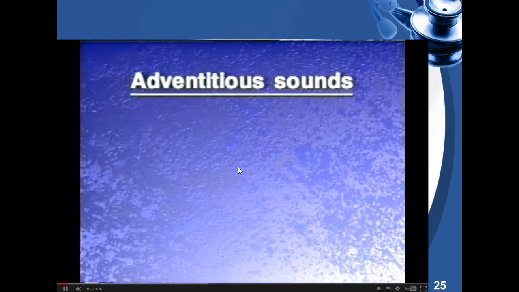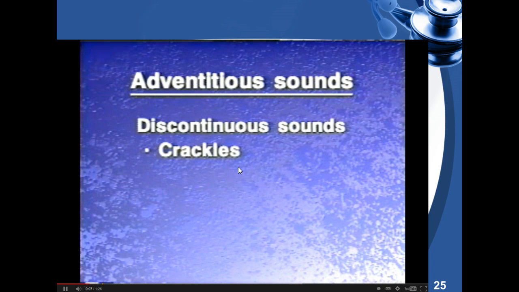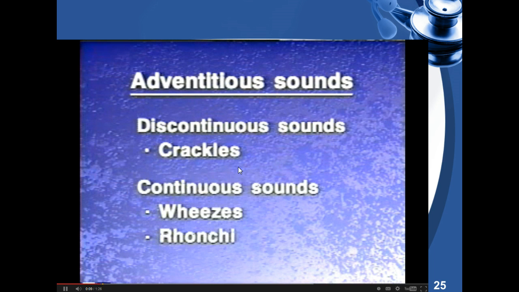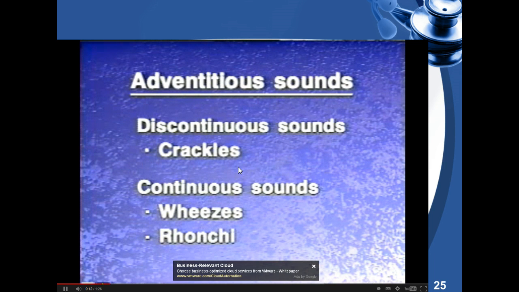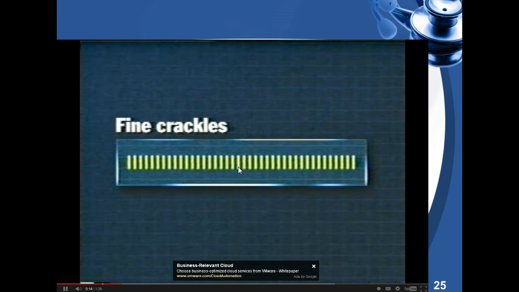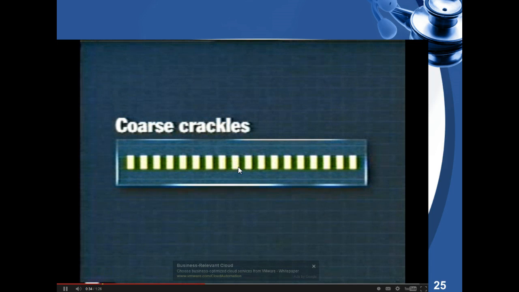Two basic types of adventitious or added breath sounds are the discontinuous sounds, crackles, and the continuous sounds, wheezes and rhunci. Crackles are intermittent, non-musical, and brief, like dots in time. Fine crackles are soft, high-pitched, and very brief. Coarse crackles are louder, lower-pitched, and longer.